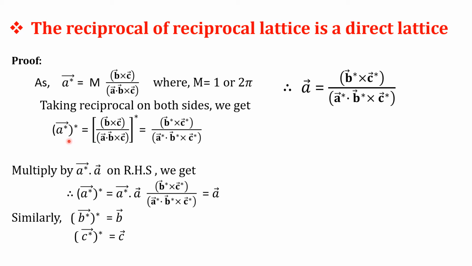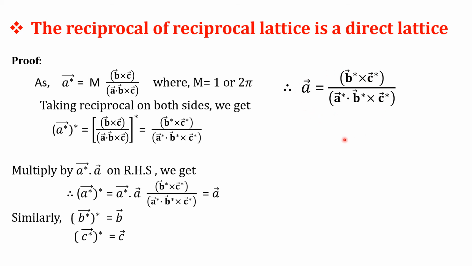Here, vector A star bracket star is vector A. Therefore, instead of that one, we put directly vector A equal to, on the other side, B cross C divided by A dot B cross C bracket star. Simplify this bracketed term and we get vector A is equal to vector B star cross vector C star divided by vector A star dot vector B star cross vector C star.